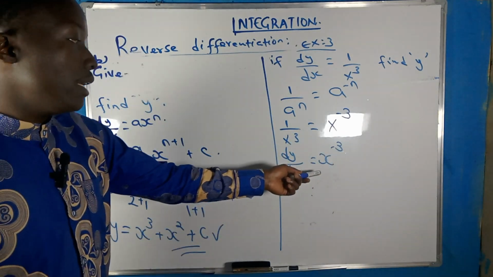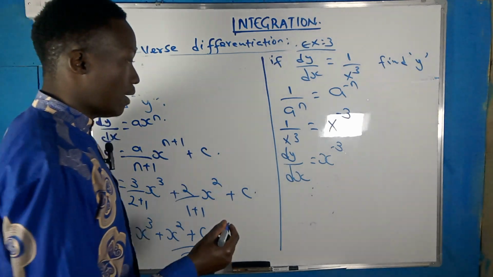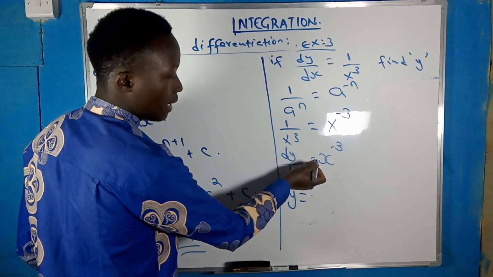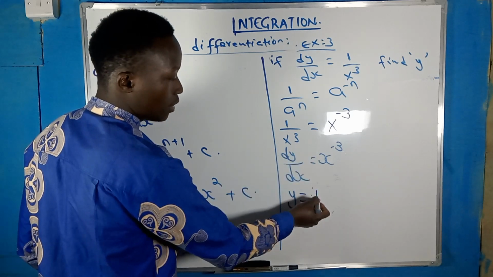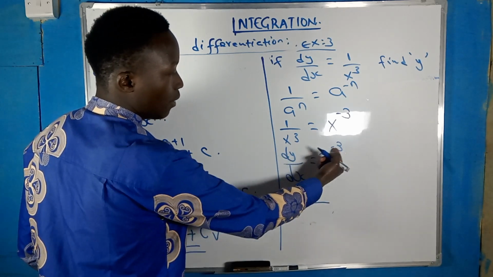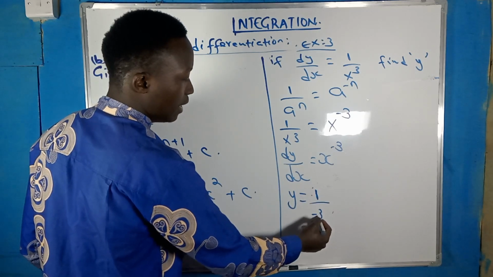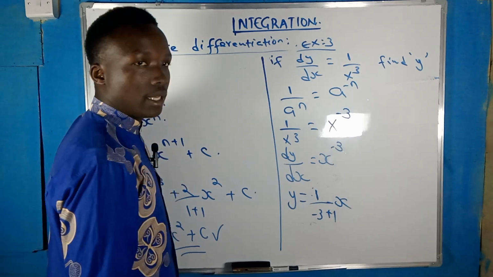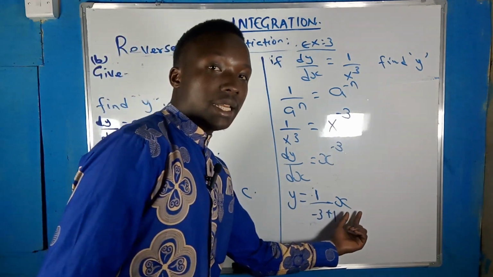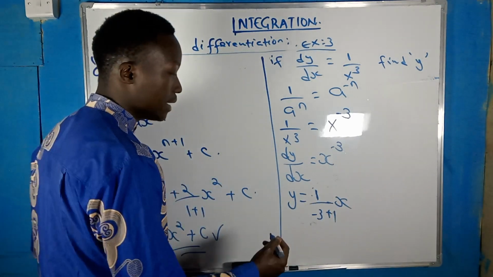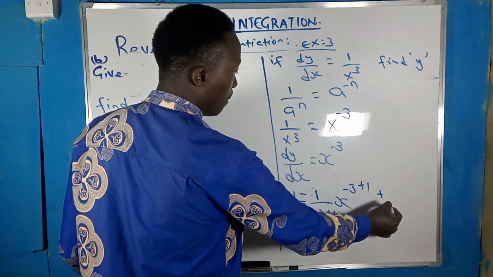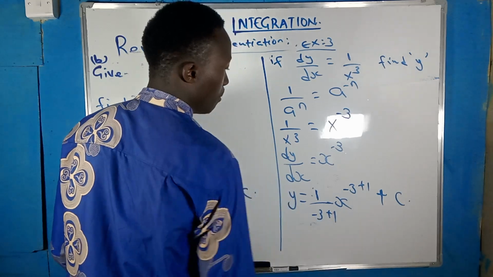By having that, dy over dx is equal to x to power negative 3, we can now find the integral. And our integral will be y is equal to, we will take our constant 1 over our power negative 3 plus 1, then we hold our dependent variable x, then the power we add 1, negative 3 plus 1, then plus c.